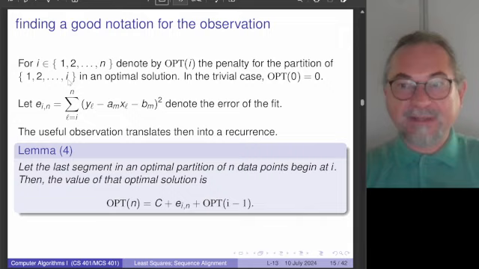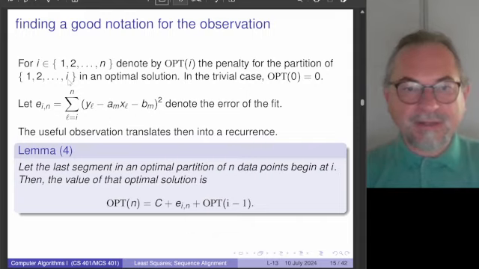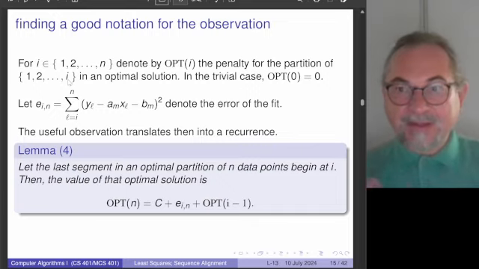If you don't have anything, you have no penalty. Then we can state in the lemma here that the last segment in an optimal partition has three portions in this penalty.